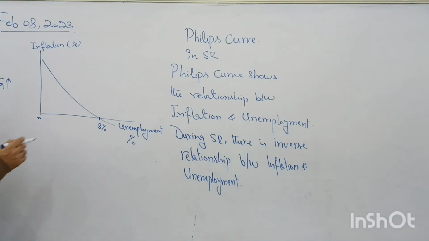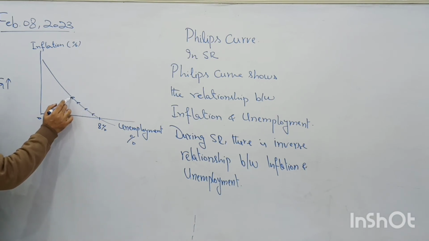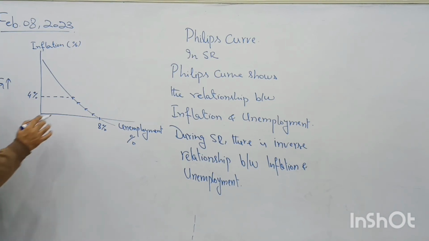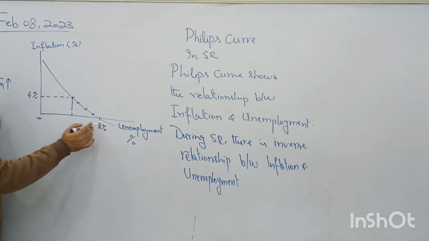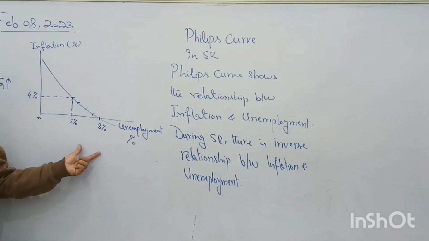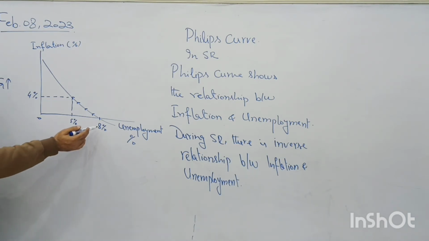So what is happening now along the short-run Phillips curve? Now government is going to bear a 4% inflation rate in order to reduce unemployment to 5% from 8%. Please, first of all, be attentive, understand it, then write. Government tried to reduce unemployment, but at the cost of inflation in the short run.